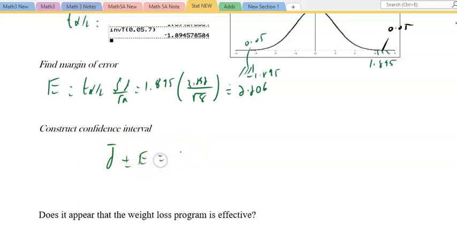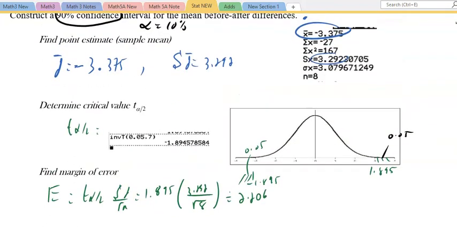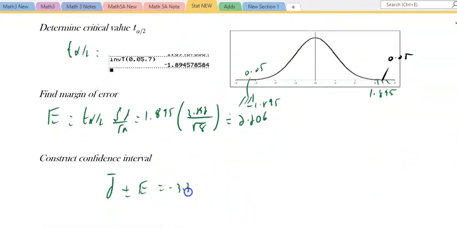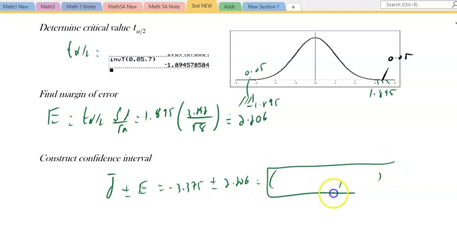So that would be, D we said was negative 3.375 plus or minus 2.206. That would give the following interval.